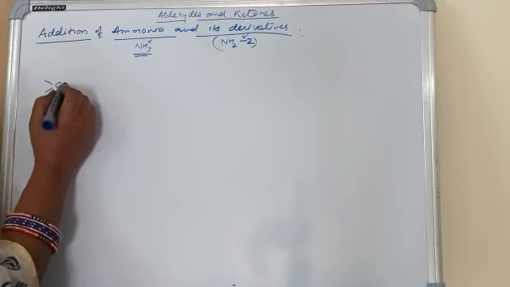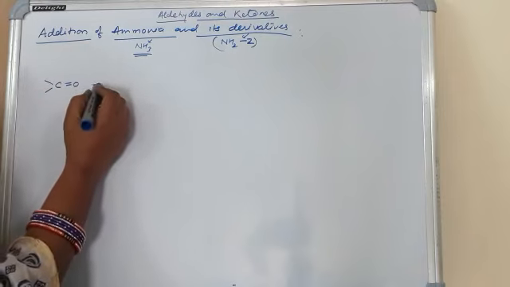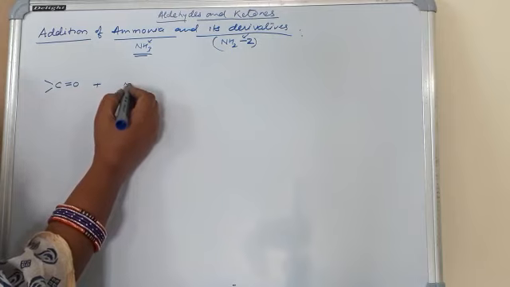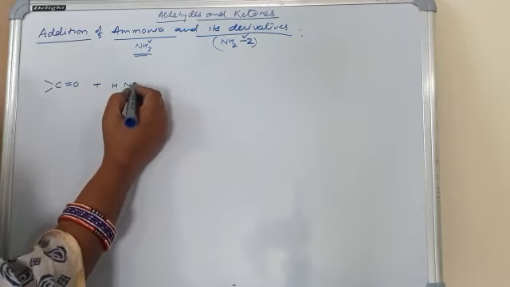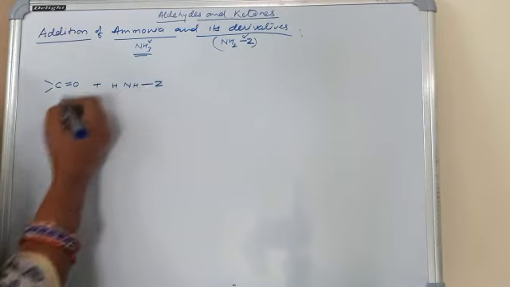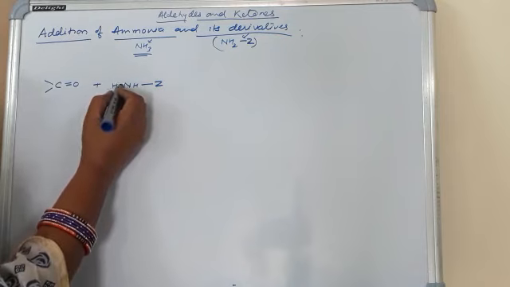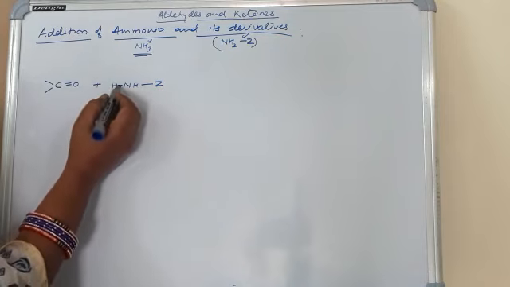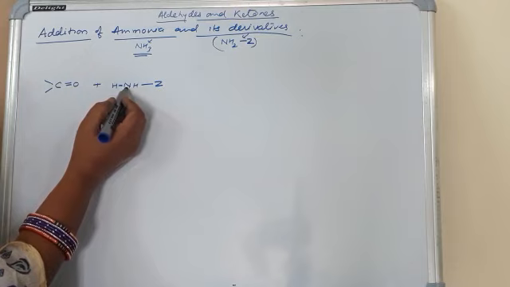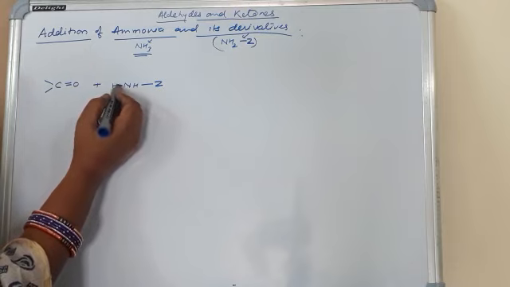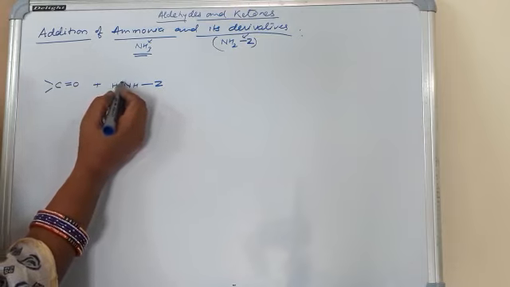Carbonyl group when treated with any ammonia derivative. So at first we know that nitrogen is more electronegative than hydrogen, so this bond shifted towards the nitrogen.